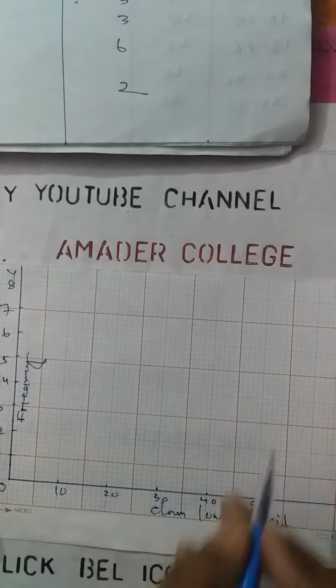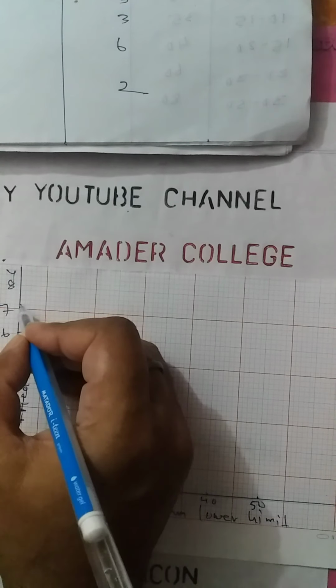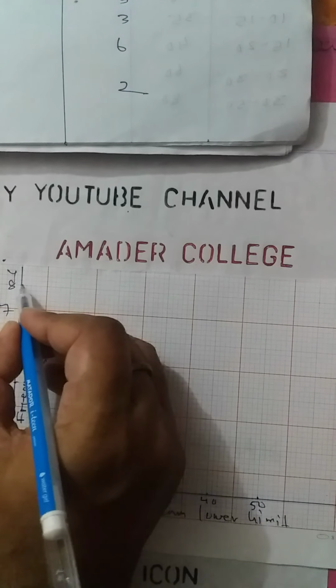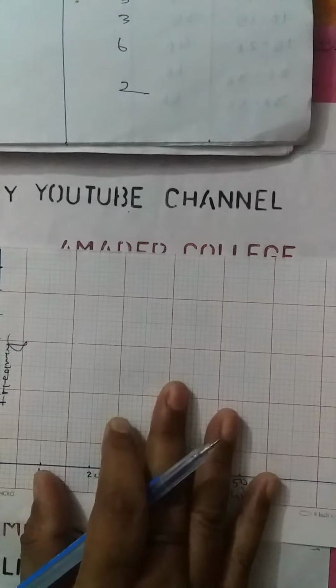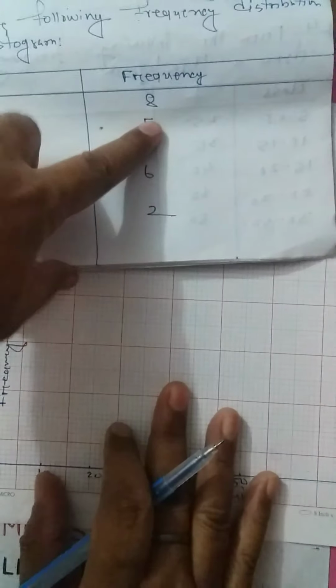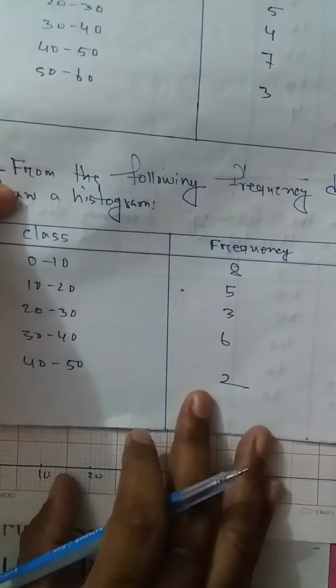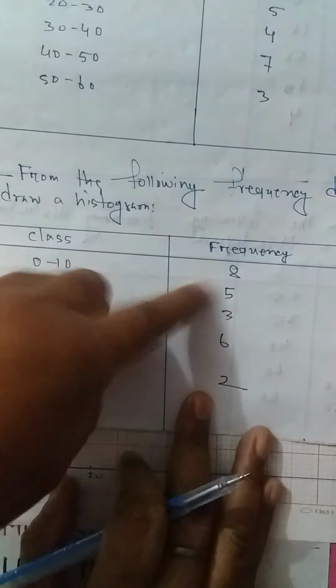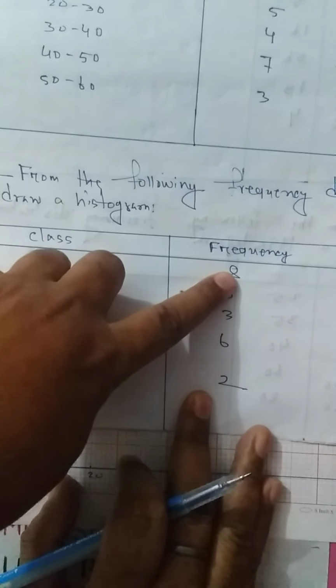Now put the points. Follow the question: 0 to 8, lower limit 0 and class frequency 8.